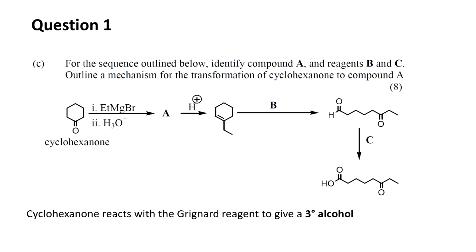So which reagent would you use for B? Anybody else? Ozonolysis. But we have two types of ozonolysis. We have ozonolysis with zinc and ozonolysis with hydrogen peroxide. Which of them will give the aldehyde?